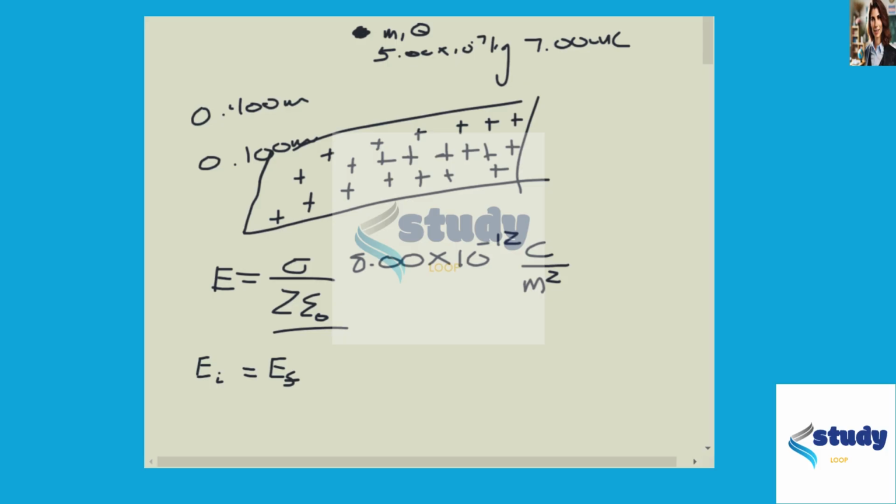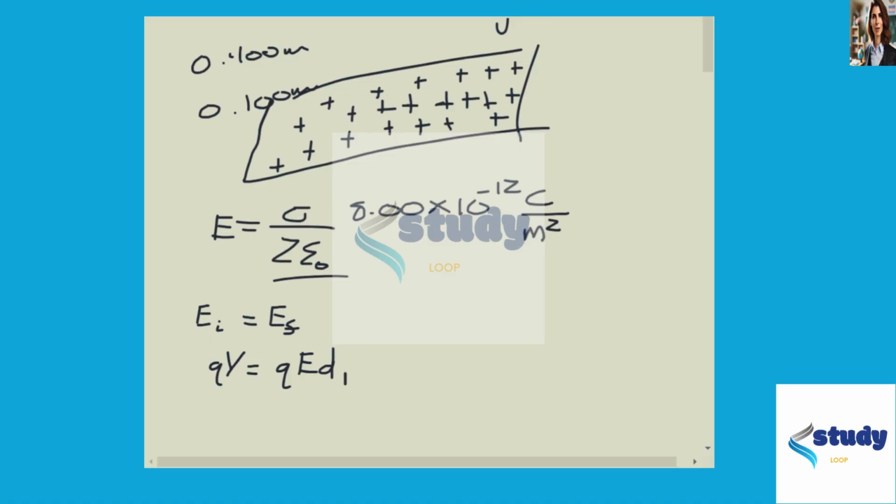The potential energy due to the electric field would be equivalent to the charge times the voltage, which is also equivalent to the charge times the electric field times the distance from the infinite sheet surface. So let's call this distance 1, which would be 0.400 meters.